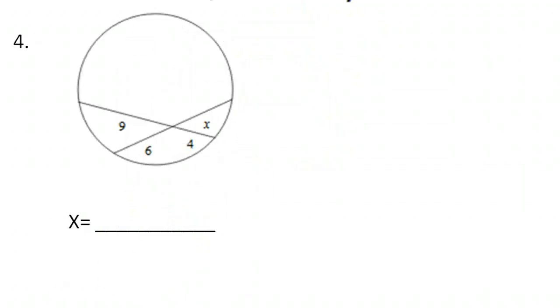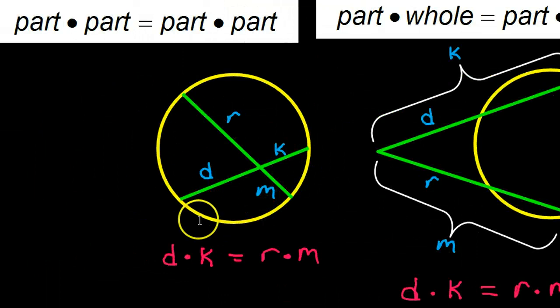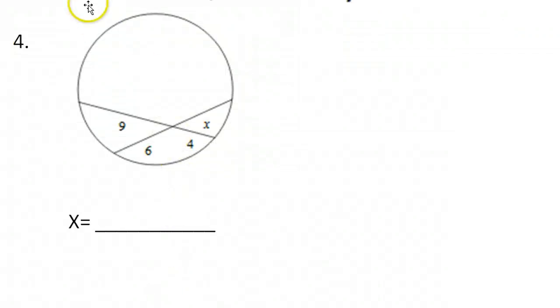For number 4, we are dealing with the other formula inside the circle here. Part times part equals part times part. Okay, so looking at this blue chord, that's 9 times 4.